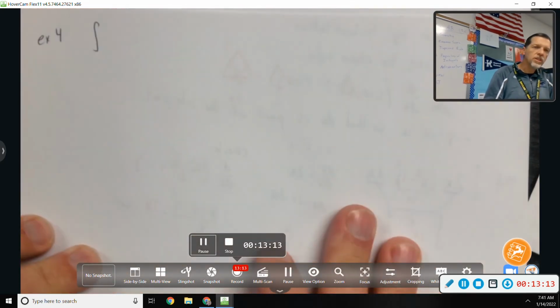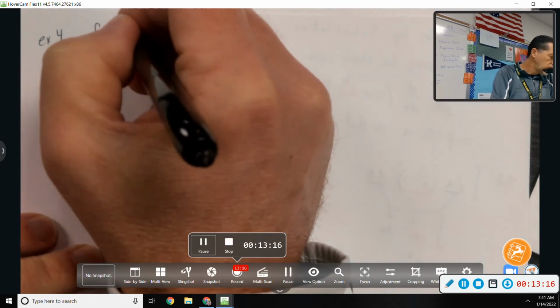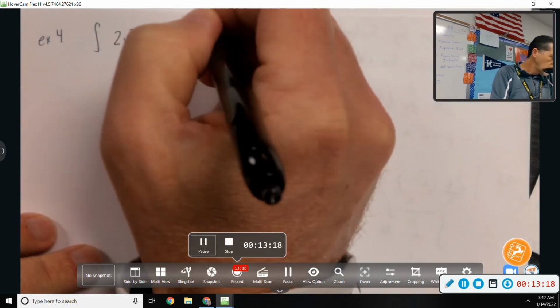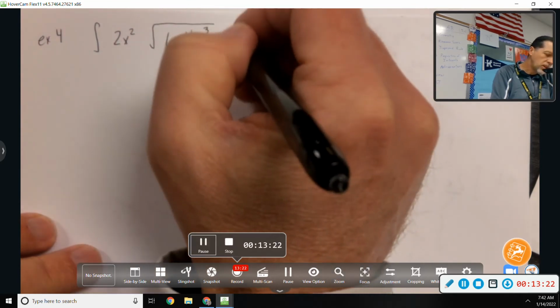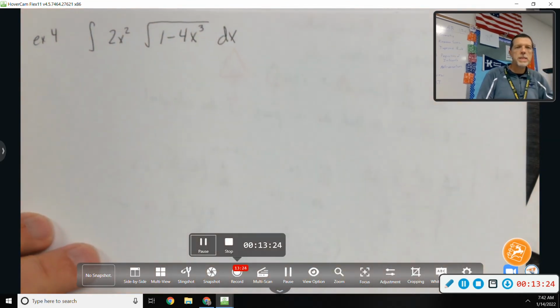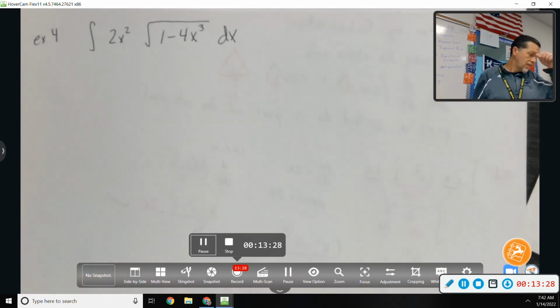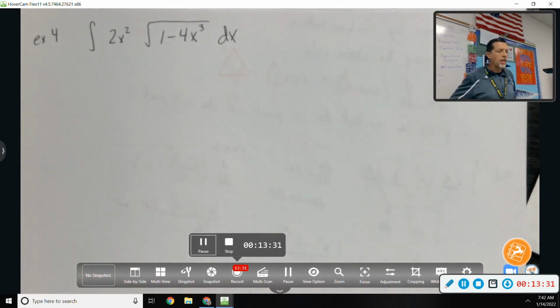Integral 2x squared square root 1 minus 4x cubed dx. Thoughts on what u should be?